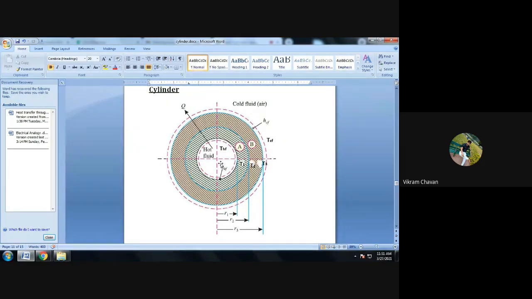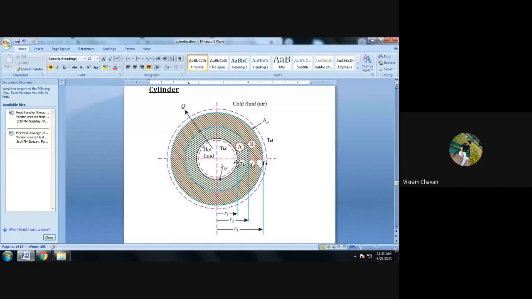Now heat is transferring from fluid to the surface, so that heat transfer will be considered as convection heat transfer.